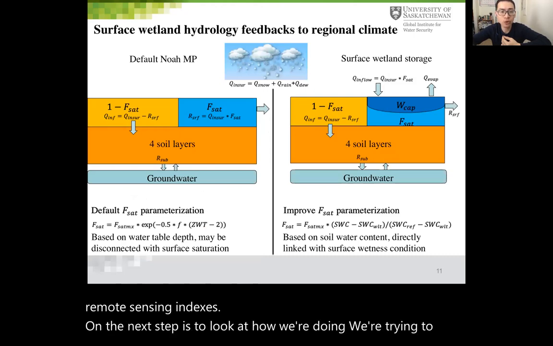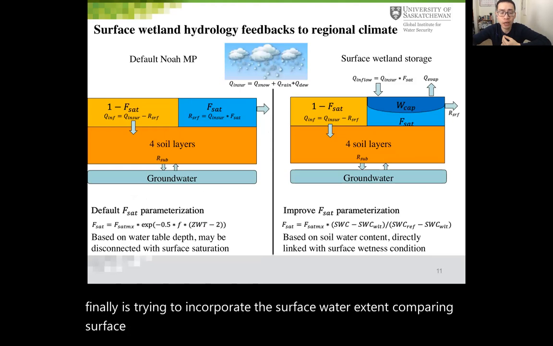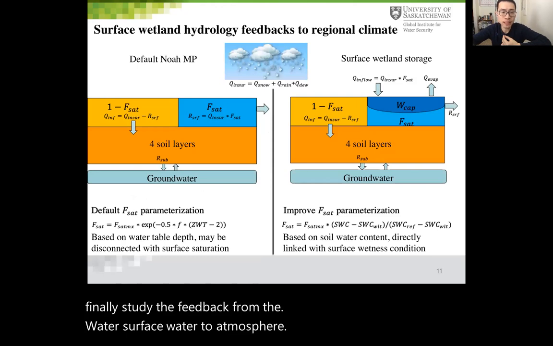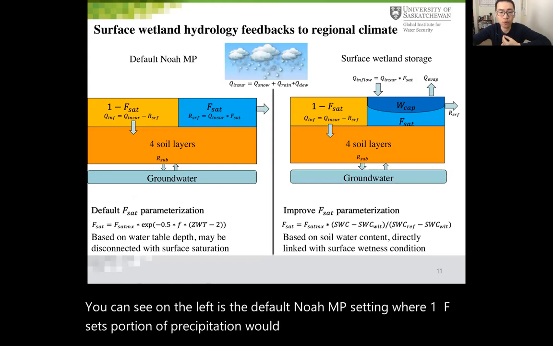Finally, we try to incorporate the surface water extent and surface water storage into the Noah-MP land surface model, and finally study the feedback from the surface water to the atmosphere. You can see on the left is the default Noah-MP setting, where the 1 minus FSAT portion of precipitation goes to drainage, and the FSAT portion will directly go to runoff.